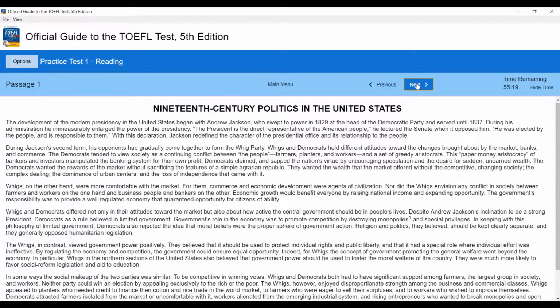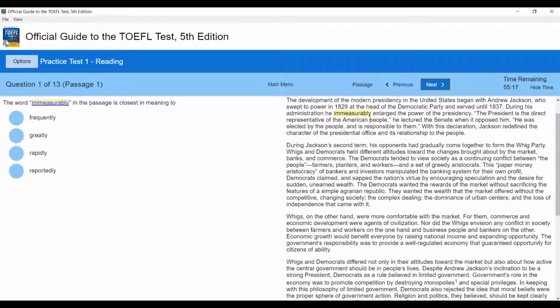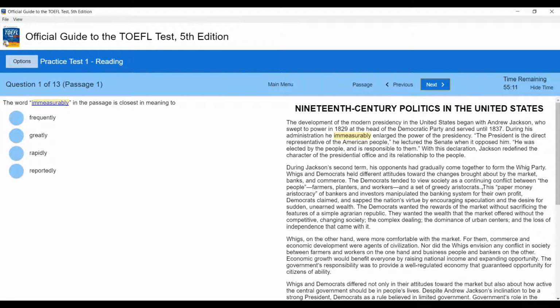So here when I click next, this is more accurate to the way it would appear on the exam, where I would have the text on one side and the question on the other. Now with the 10 questions, here they give us 13, but of the 10 questions on the current version, there are fewer vocabulary questions.